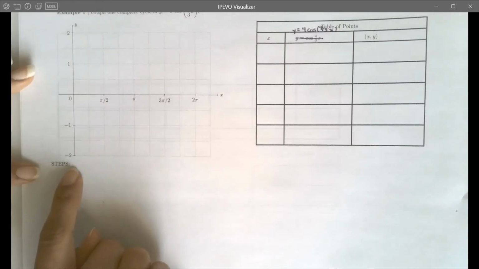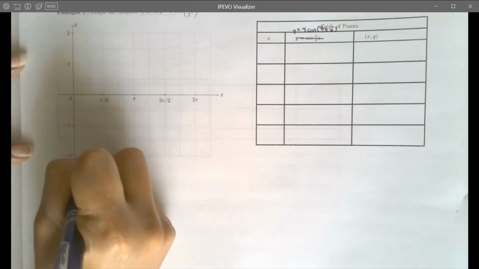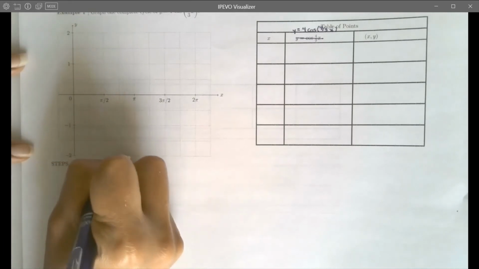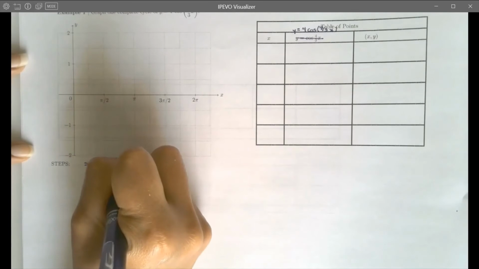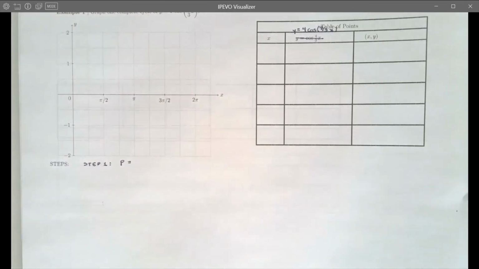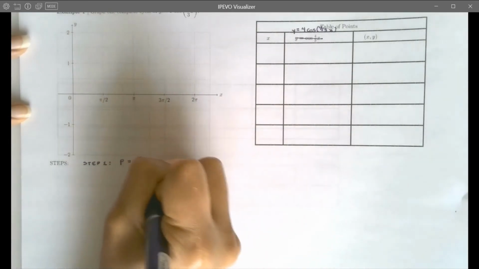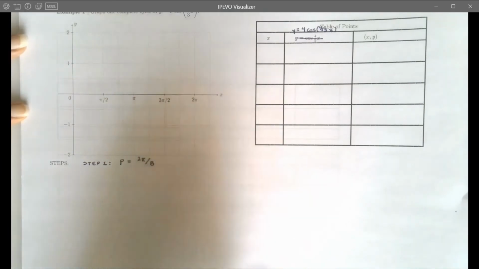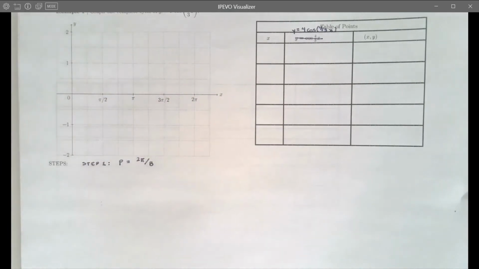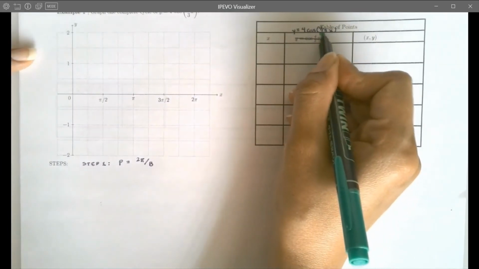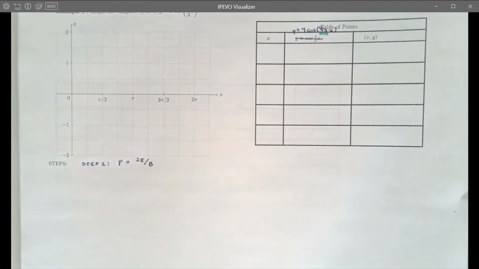And in order to get started, I want us to take a first step of finding the period. Now the period, we devised a way to calculate it for every single instance of a sine or cosine function. And that was to take 2 pi and divide it by the number of cycles, which we call b. And b is the coefficient of x always, which is this 4/3.